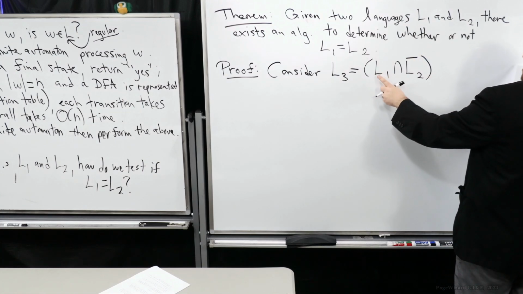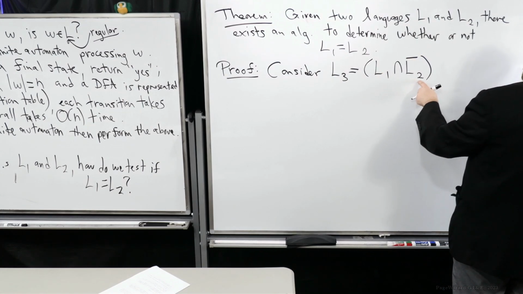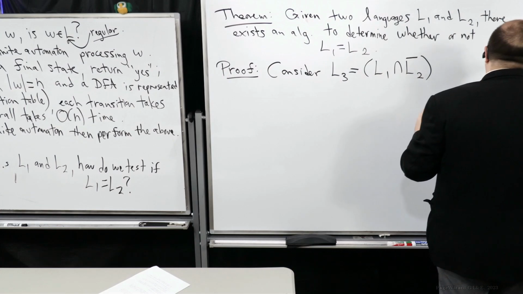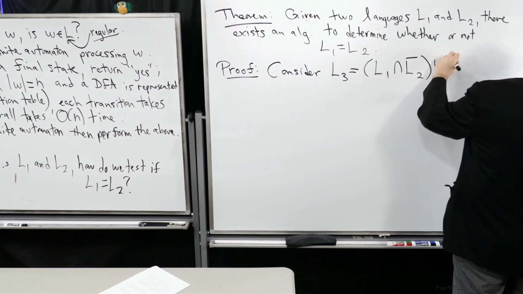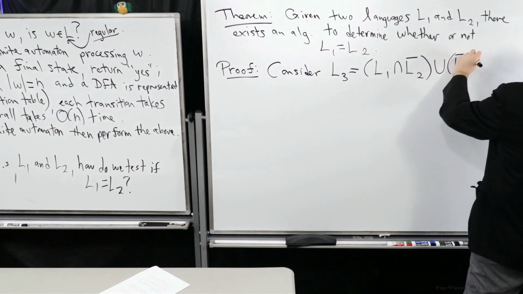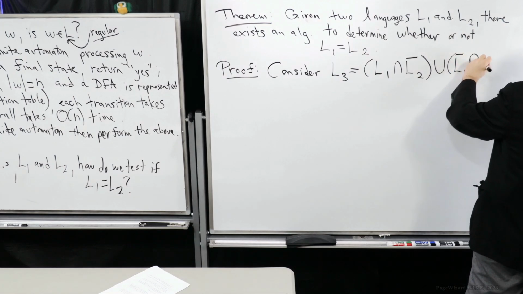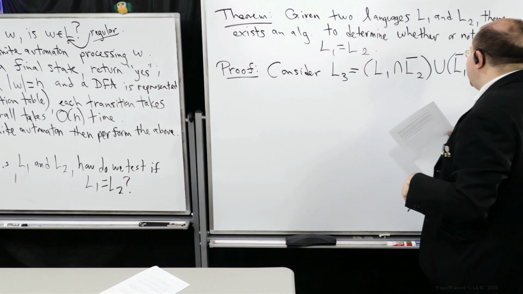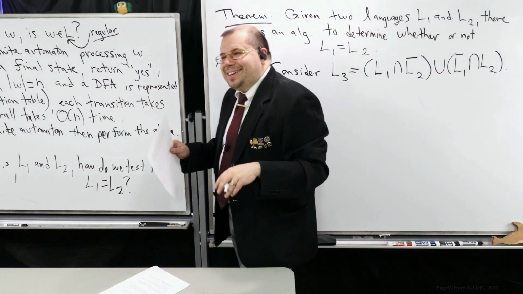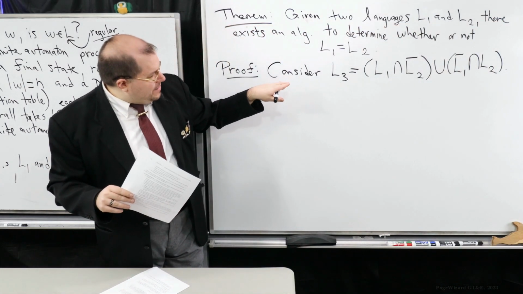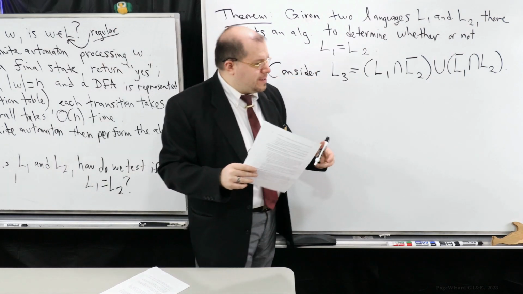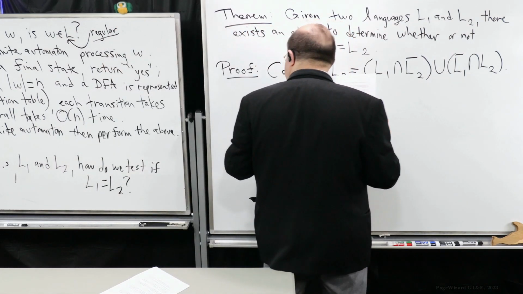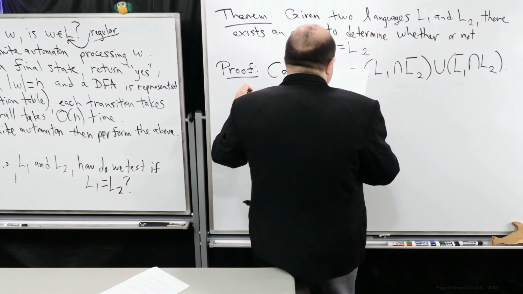So we're going to consider L1 intersect L2 bar union L1 bar intersect L2. Now, we're going to see why I picked L3 like this.